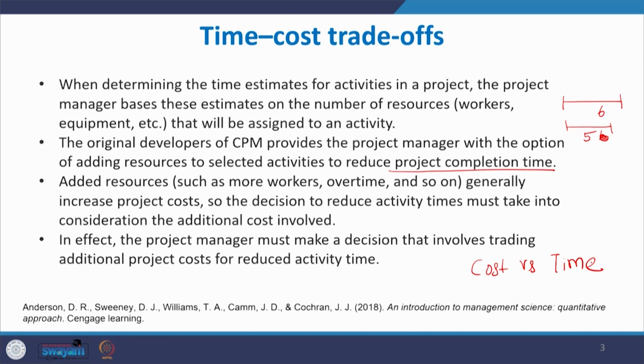When you compress the time, the cost will increase. Instead of finishing this activity in 6 days, by supplying more resources if you plan to finish within 5 days, the time will decrease, but the cost of finishing this activity within 5 days will increase. So the project managers need to understand the trade off between cost and time.